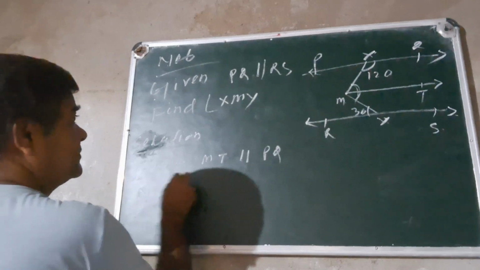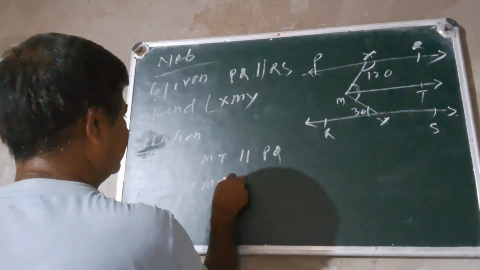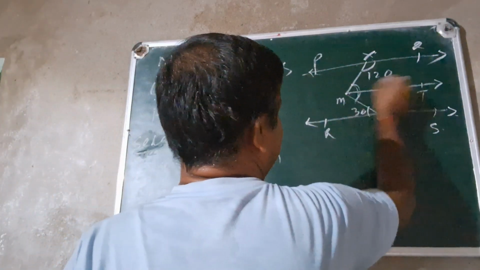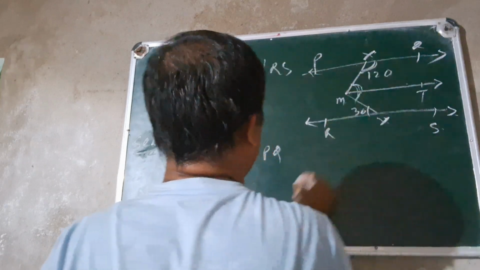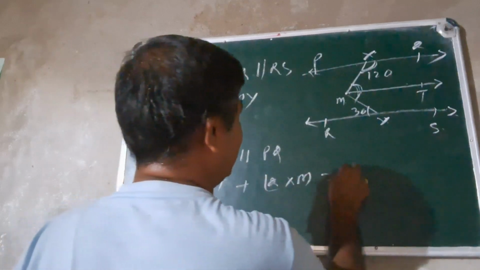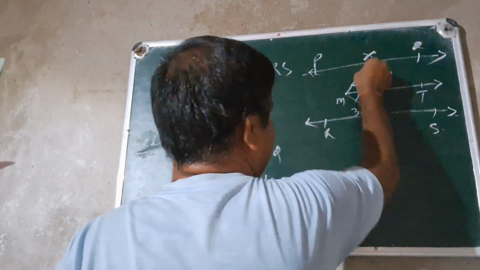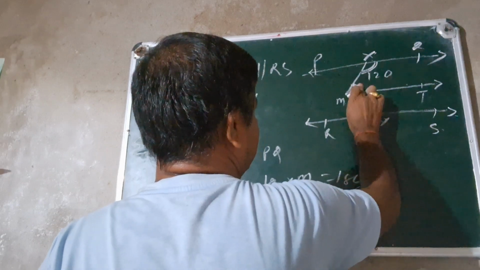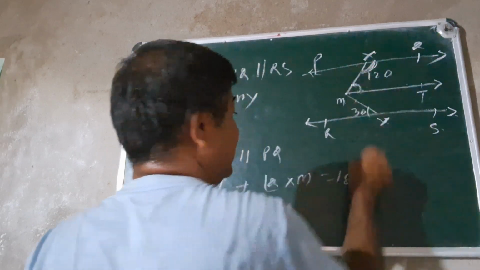Now XMT, this angle. Plot QXM equal to 180. This angle plus this angle is 180.